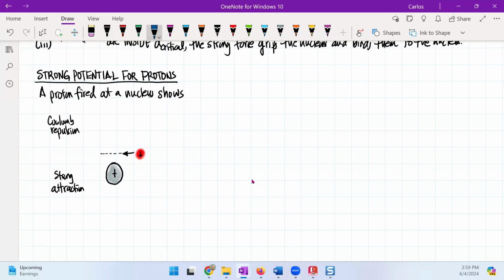If I'm exceeding the critical distance, I get Coulomb repulsion. But if I'm at or close to around the critical distance, I'm going to see strong attraction.